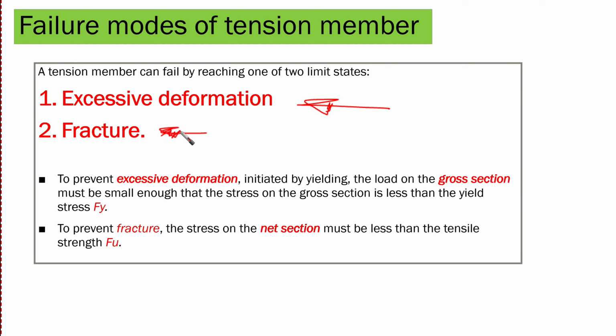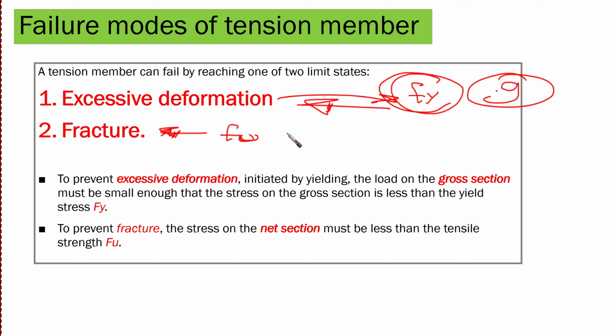Even in the design, here we are going to use F yield, and here we're going to use F ultimate. For excessive deformation because of yielding, the resistance factor in LRFD is 0.9. Here we're going to use 0.75 for the fracture, as we're going to see in the design procedure. Okay, this is for LRFD.